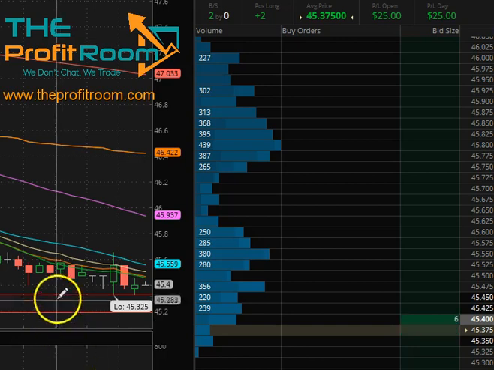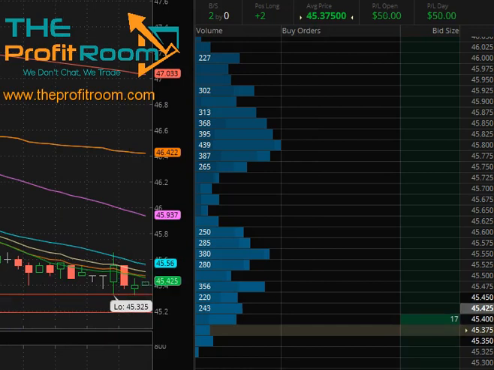You had a nice green candle holding that support. Alright, here we go. If we get above up there at 0.57, very congested. Very congested, but see how the candles are staying green?